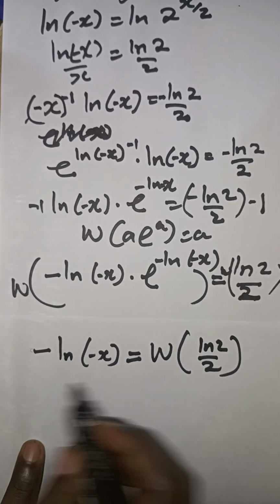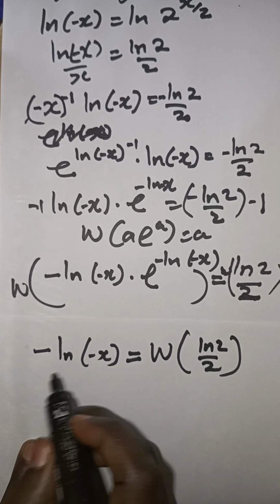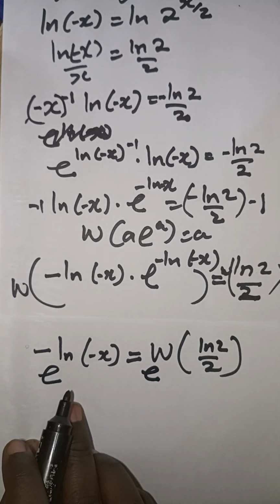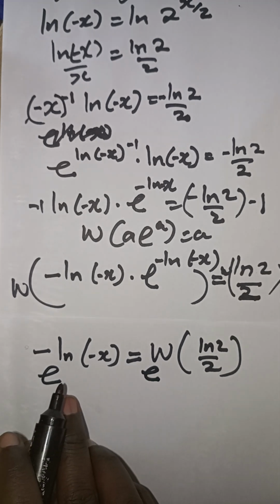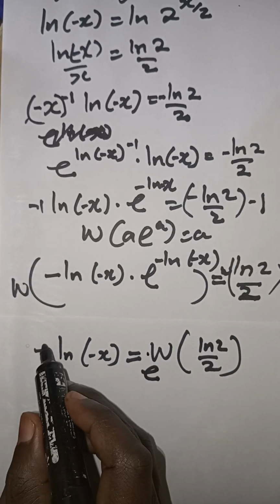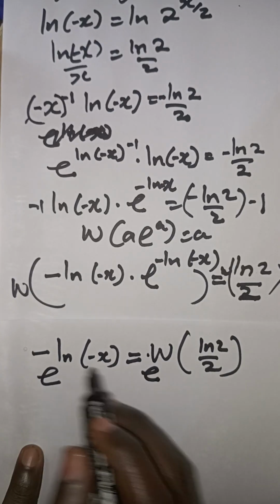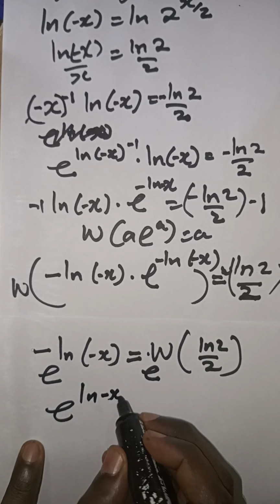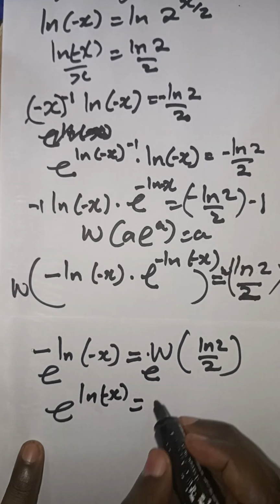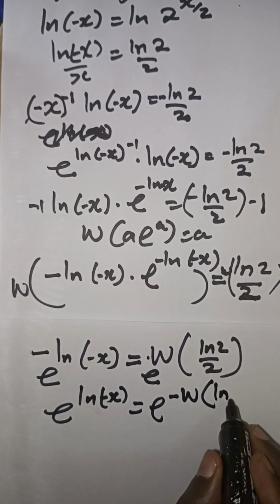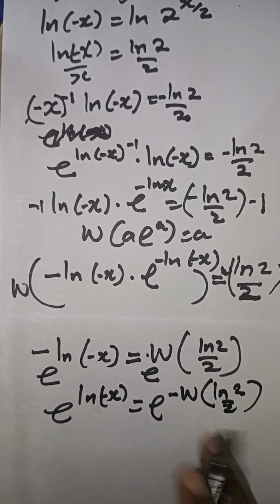At this stage, for me to remove this ln, I'm going to introduce the exponent on both sides, and of course this can come to the other side. I can divide with the negative so that I have the exponent to the ln of negative x is equal to the exponent of negative w of ln of 2 divided by 2.